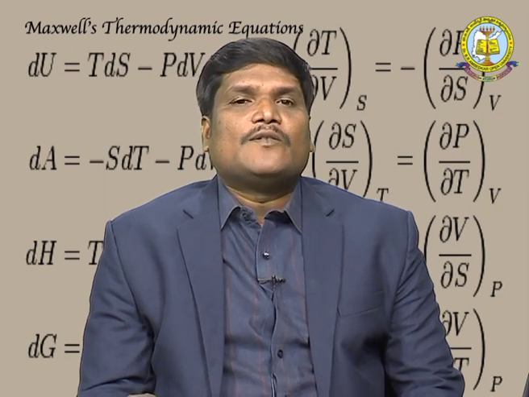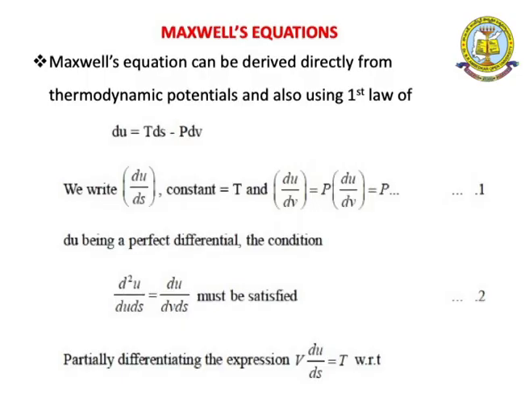Next one. So what are the Maxwell's equations here? These Maxwell's equations can be derived directly from the thermodynamic potentials using the first law of thermodynamics. What is the first law of thermodynamics? dU equals TdS minus PdV. So here we have to write down dU by dS, which is a constant value.